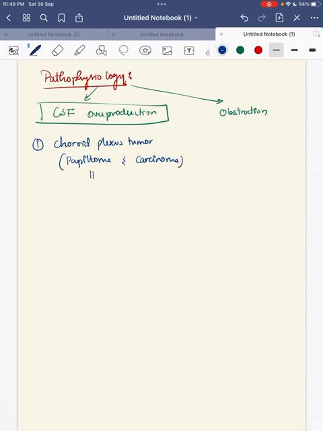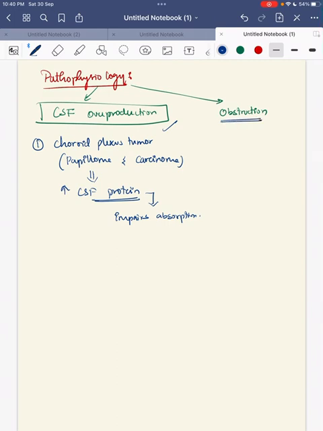Not only overproduction, this can also increase the CSF protein. When the CSF protein is increased, it can cause blockage, impairing the absorption, thus resulting in hydrocephalus. So that is one cause, CSF overproduction.